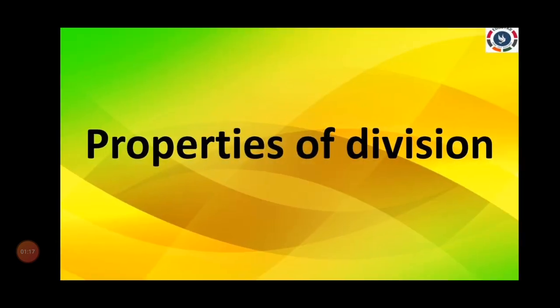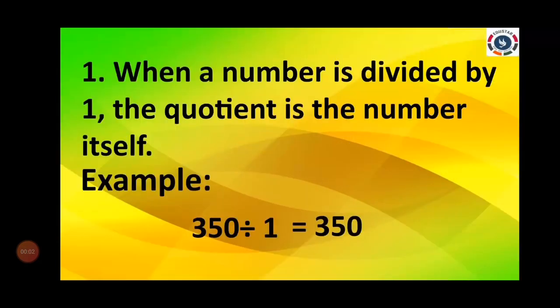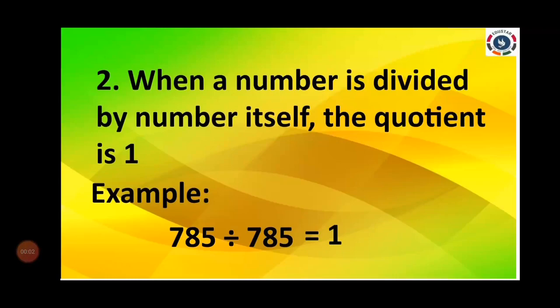Then I am going to explain the properties of division. Property 1. When a number is divided by 1, the quotient is the number itself. For example, 350 divided by 1 is equal to 350. The same number you will get. Property 2. When a number is divided by itself, the quotient is 1.